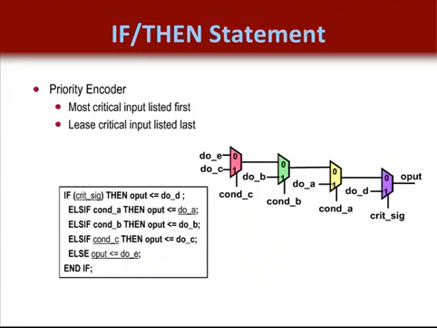Conversely, the critical_sig path will only have to travel through 1 LUT. This is of course much faster. The component's construction was all inferred by the synthesis tool when we coded the mux with if-then statements. Note that in the order of the inputs to the if-then statements, the most timing critical is listed first, followed by each of the lesser critical signals, and ending with the least critical inputs in the statement.